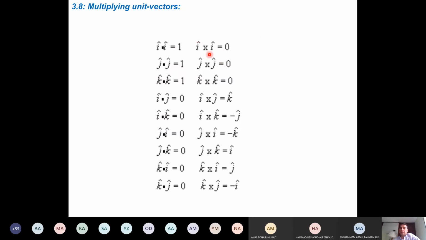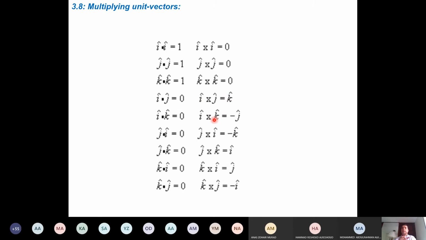Whenever you are taking the cross product between the same vectors I, J, K, it will always be 0. Whenever you are taking them in the cyclic order, naturally after I comes J, after J comes K, and after K you come back to I, then you will always get a positive quantity.